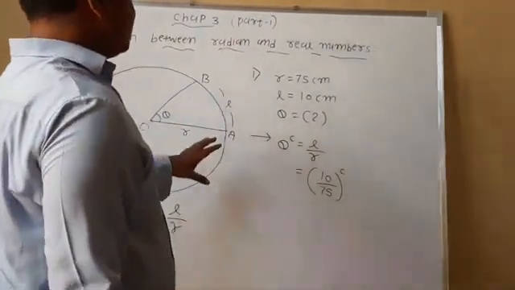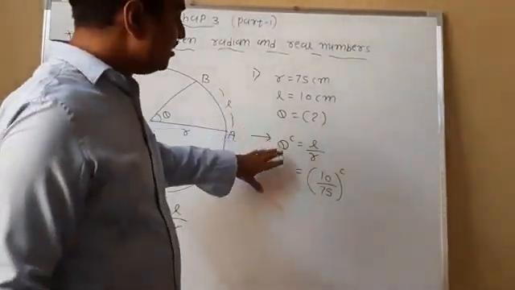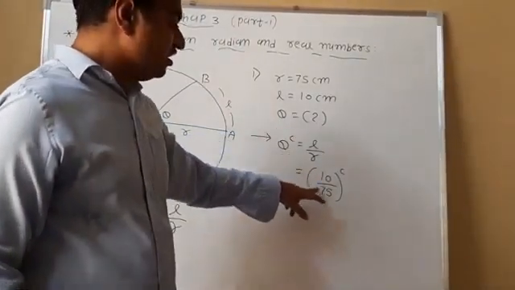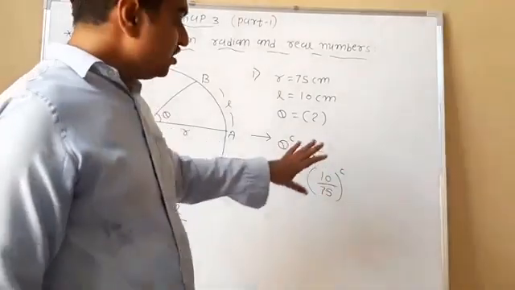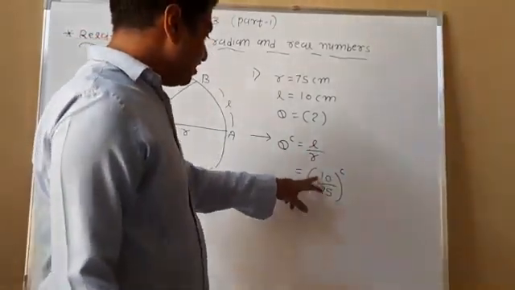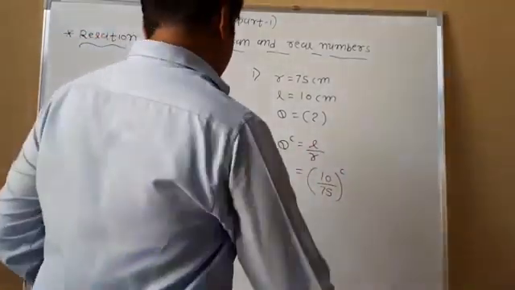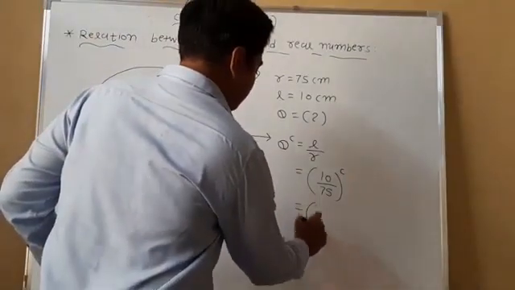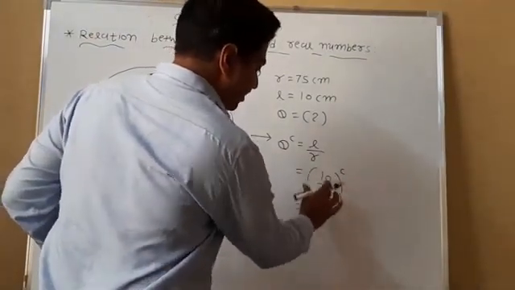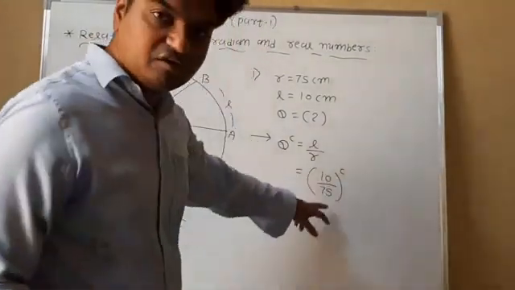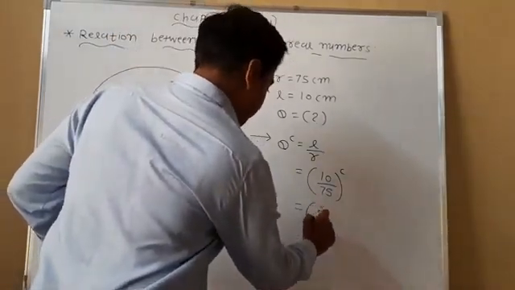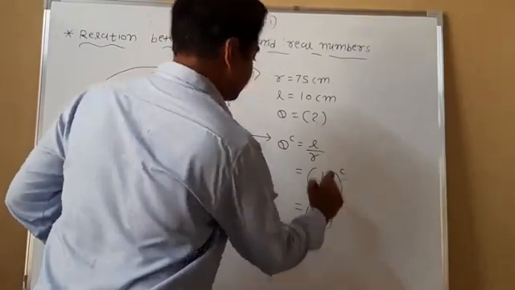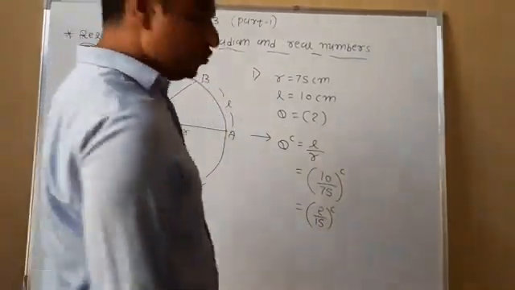In our question theta is to be found in radian form, that's why we cannot convert into the degree form. Now cancel out this term. So the remaining term is our answer. Cancel by 5 in numerator and denominator. So our answer is 2 upon 15 radian.